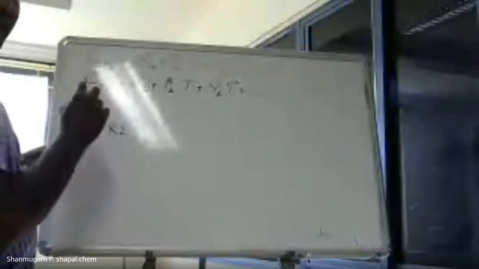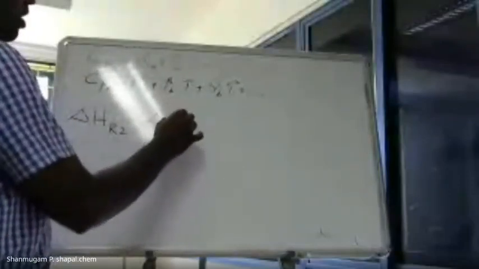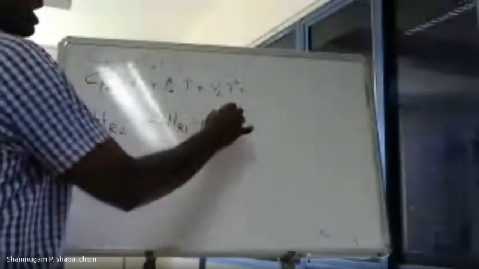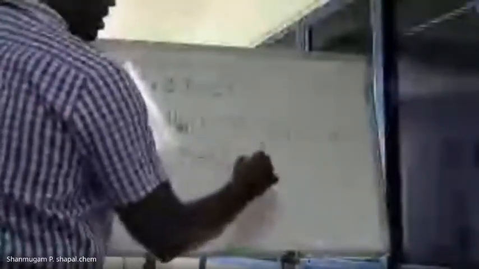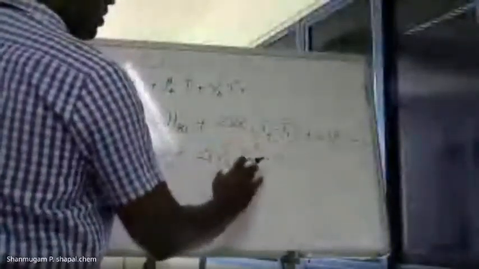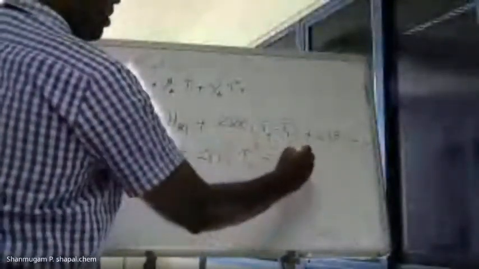Delta HR2 equal to, it's been written as delta HR1 plus delta alpha times T2 minus T1 plus delta beta times T2 square minus T1 square, I think, yes, plus delta gamma times T2 cube minus T1 cube.